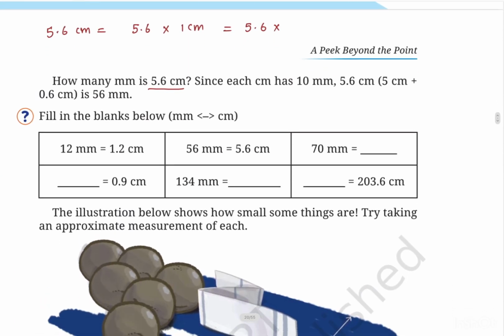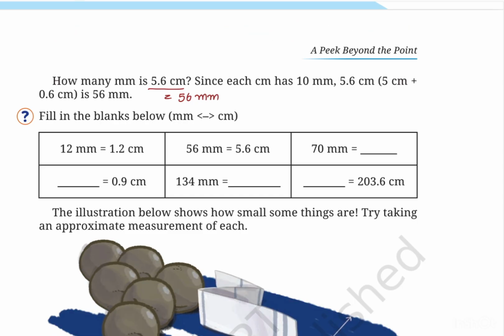So we can write 10 millimeter. So when we multiply 10 by 5.6, we get 56 millimeters. So 5.6 centimeter is equal to 56 millimeters.